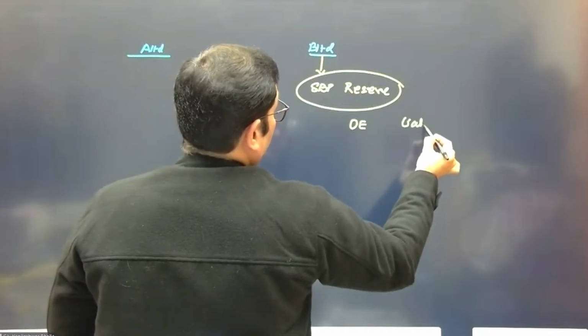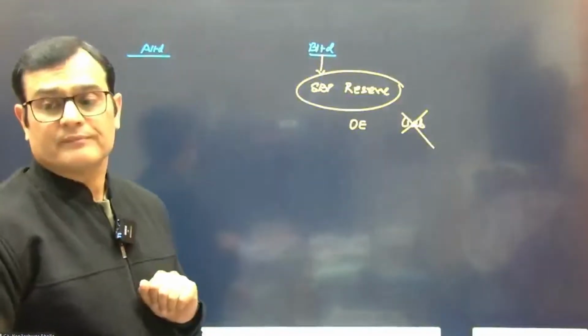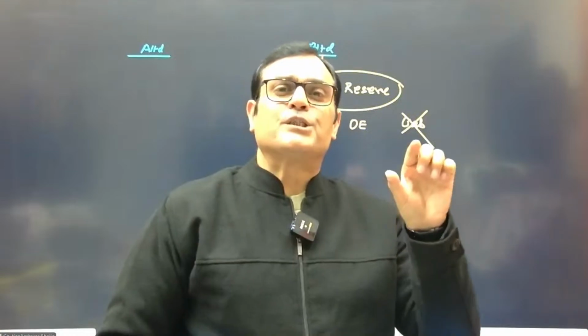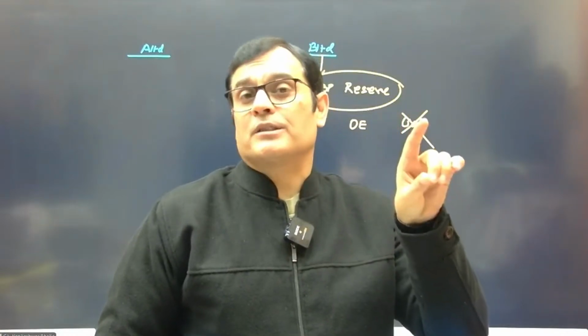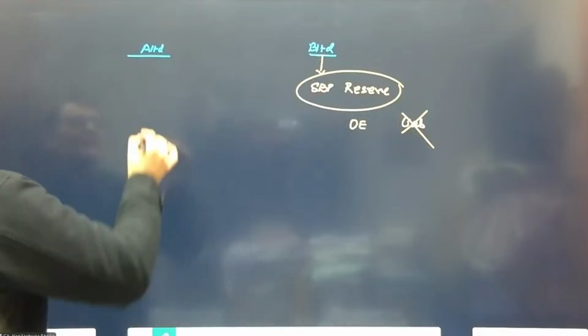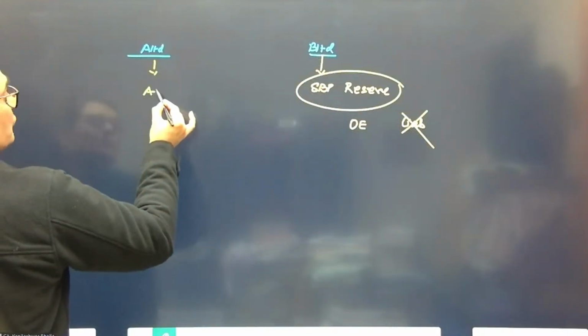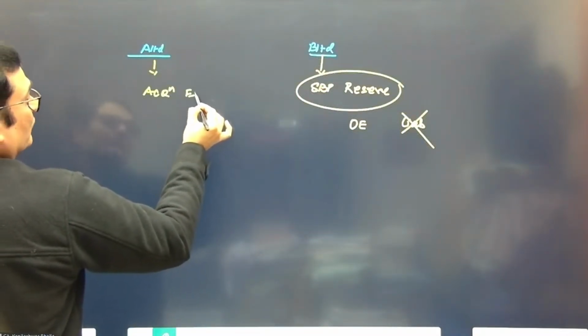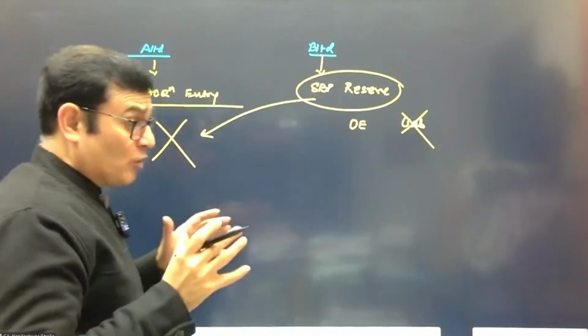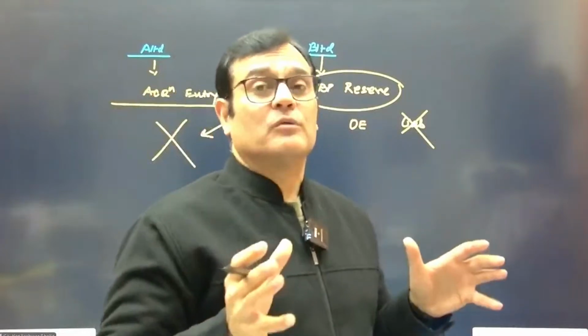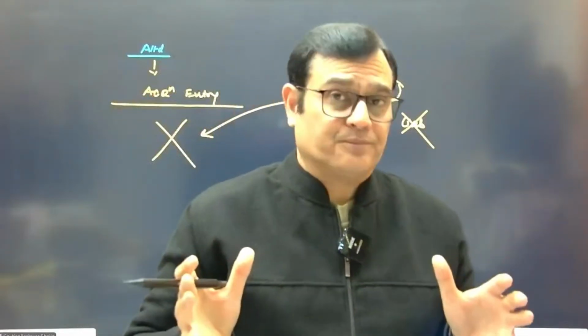It is not supposed to be a liability. So when A does an acquisition entry, can I say this SBP reserve will not be taken over? He's going to record the assets and liabilities, but he's not going to record this SBP reserve.